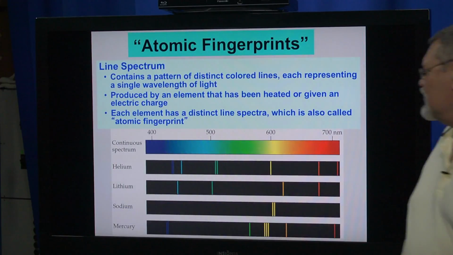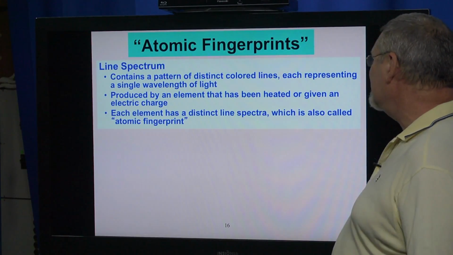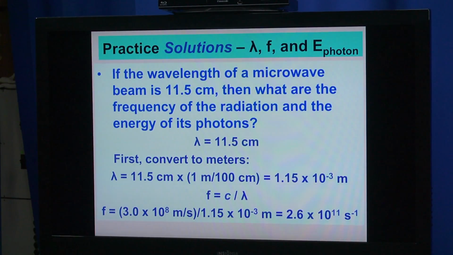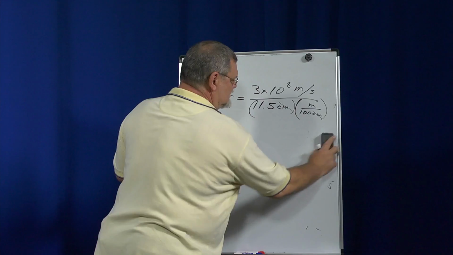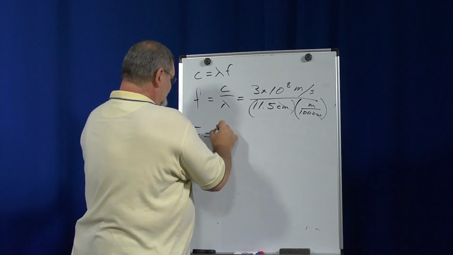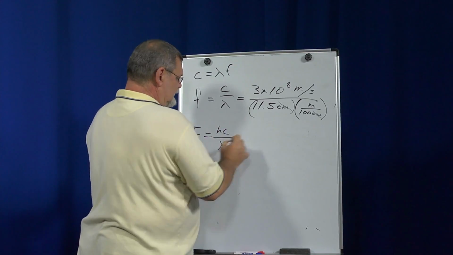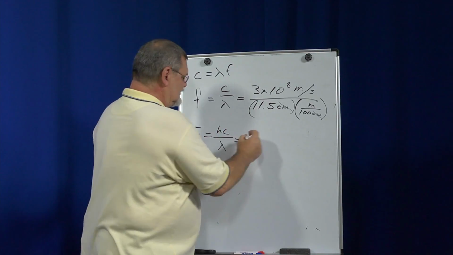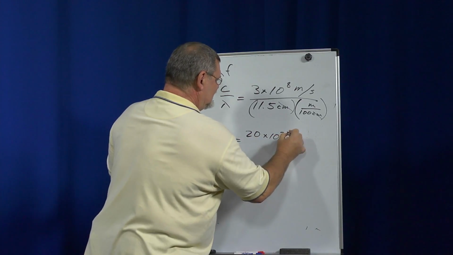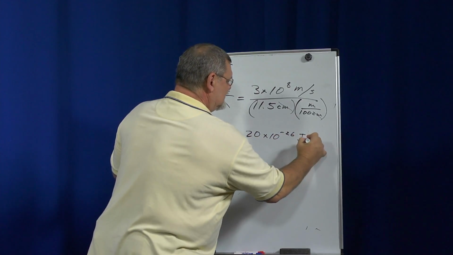Then we can, if we want to, take that and put that into our energy equation. But another way to do it is E equals hc over lambda. Here's hc, 20 times 10 to the negative 26 joule meters.